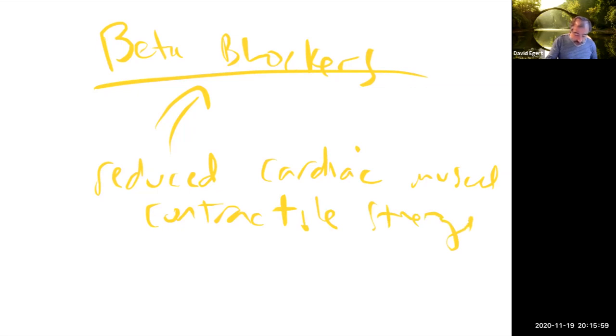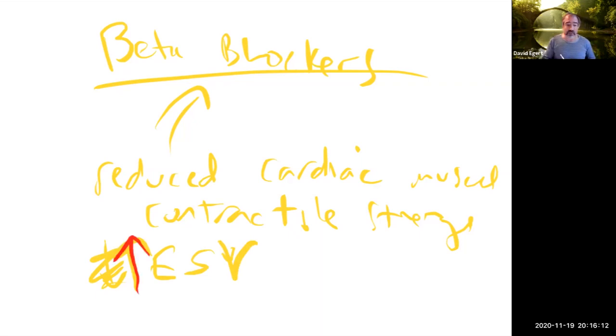And that is going to mean that you are going to increase end systolic volume because it's not squeezing as hard. So we're going to have more blood left still after we're done with end systole.